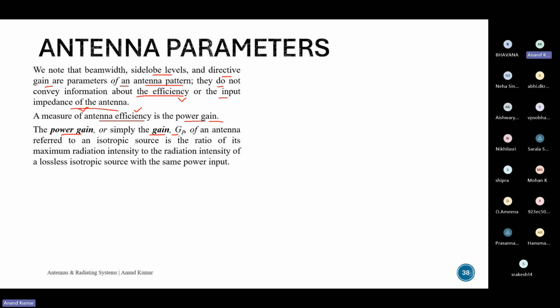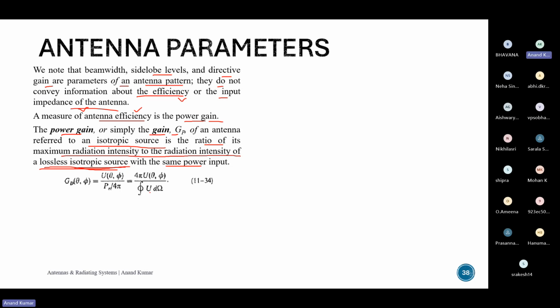This is given by GP. Directive gain was given by GD. The power gain of an antenna referred to as an isotropic source is the ratio of its maximum radiation intensity to the radiation intensity of a lossless isotropic source with the same power input. It is very similar, but over here we are using a lossless isotropic source as the reference.